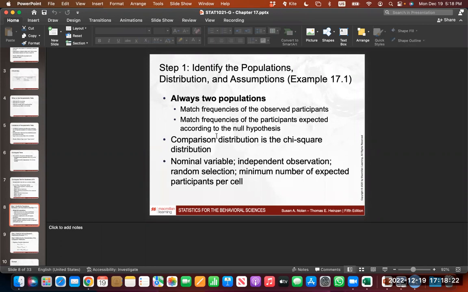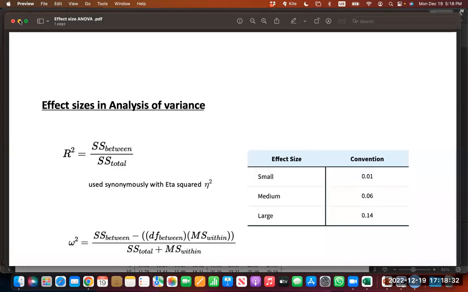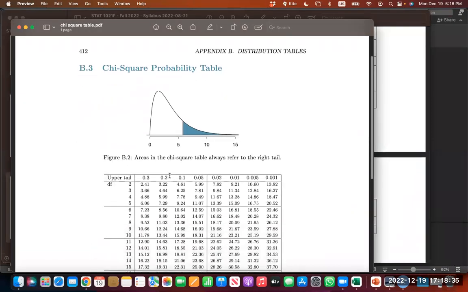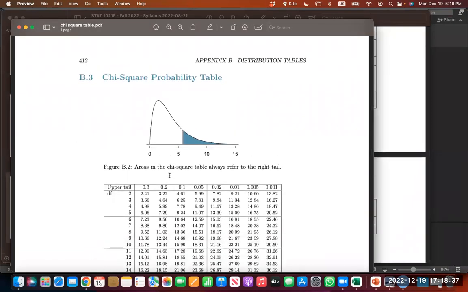But basically, the comparison distribution for testing this probability is the chi-squared distribution, and we have the chi-squared table on Canvas. In the same fashion as the F distribution, we have a certain degree of freedom and a certain p-value that we're going for as our critical alpha, and we determine that respective critical value somewhere on this unimodal positively skewed distribution.